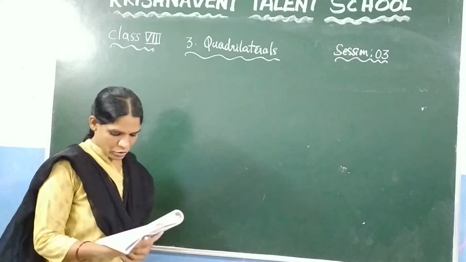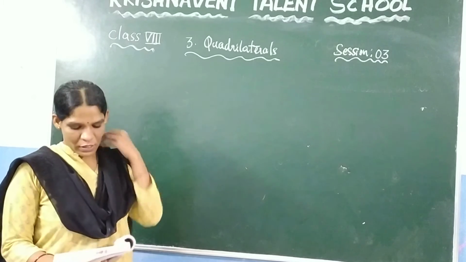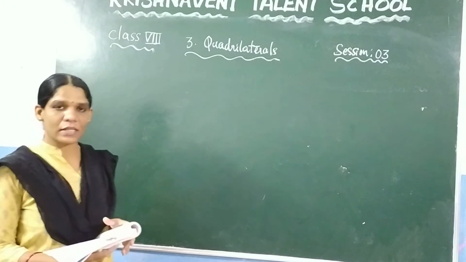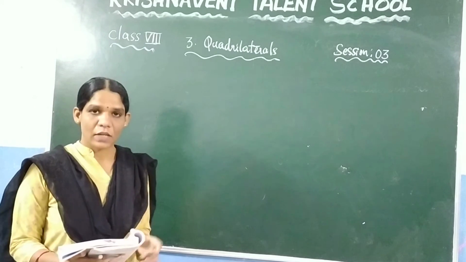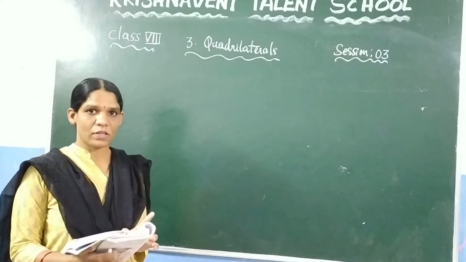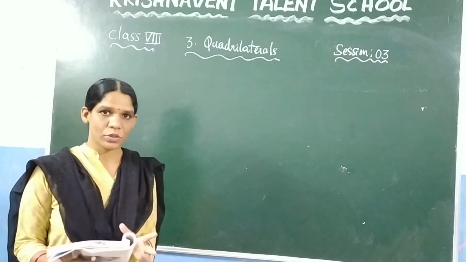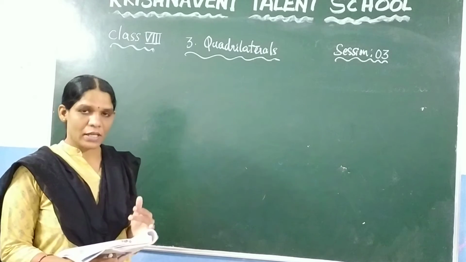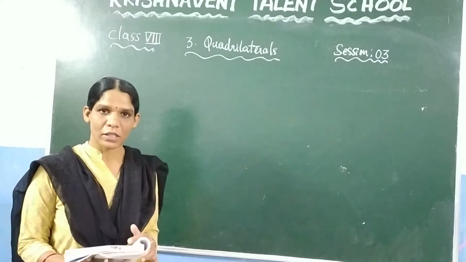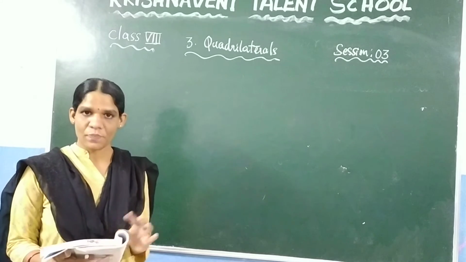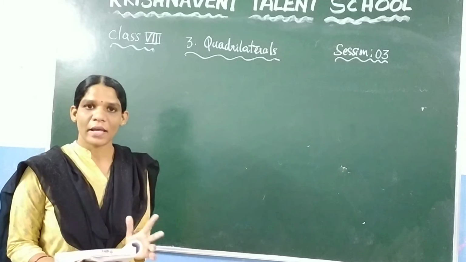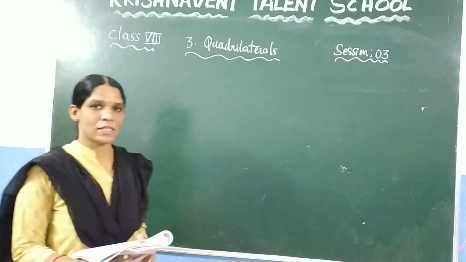That we are going to discuss in exercise 3.1, and in the next exercises we are going to discuss by taking different measurements. That means if you are given three sides and two diagonals, how do you draw? And if you are given three sides and two angles, how do you draw? By taking different measurements, we are going to discuss how to construct the quadrilaterals. Now, in the first exercise, if four sides are given and one angle is given, how to draw a quadrilateral. Now, we are going to discuss that one.